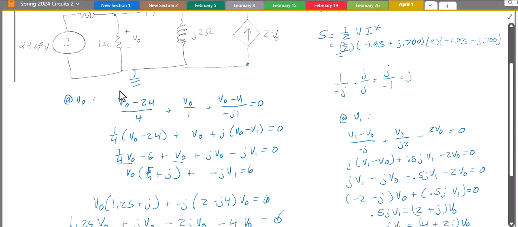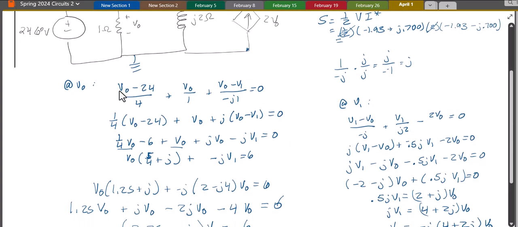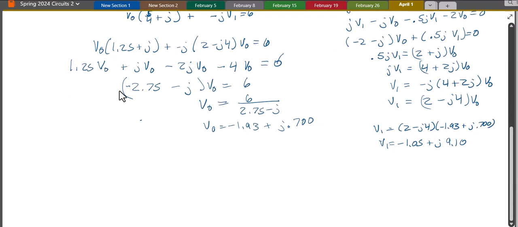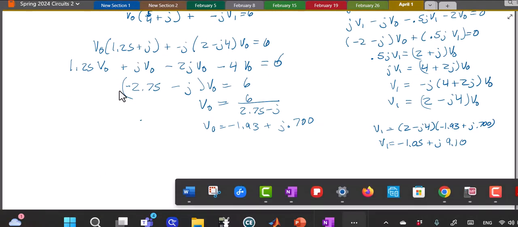So the 1/2 and the 2's cancel, and that will just equal the magnitude of one of those things squared.